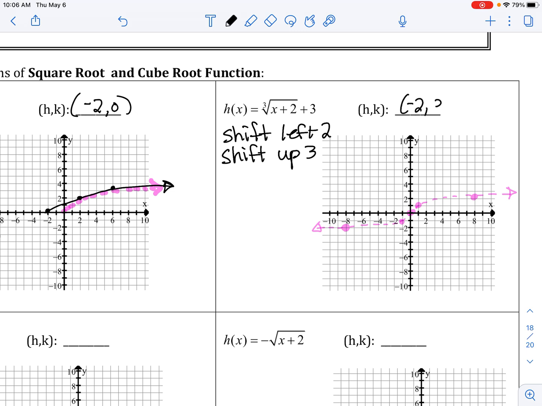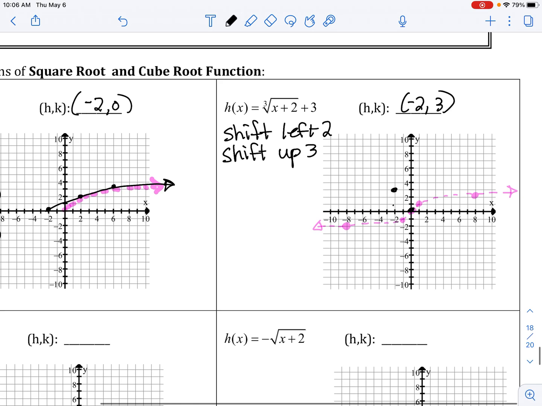So that means our H, K is (-2, 3). So that means that (0, 0) is going left 2, up 1, 2, 3. Okay, so that (1, 1) is going left 2, up 3. And then that means this one is going left 2, up 3.